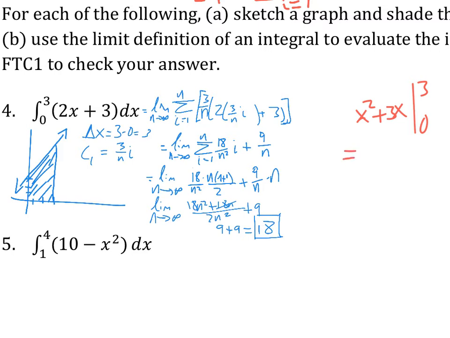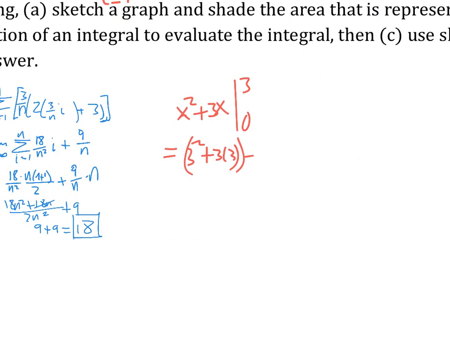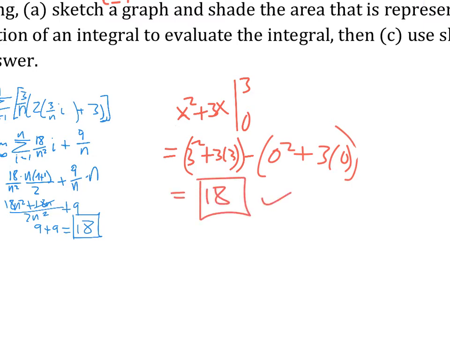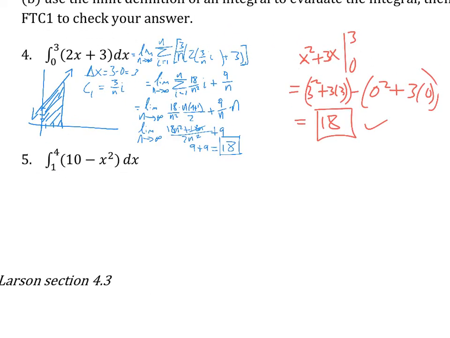And so that equals 3 squared plus 3 times 3, minus, we're going to plug in 0. We're using FTC 1 here. X is 0, so that second part just becomes 0 altogether, and this is 18. And that's the same thing, so it checks. All right.